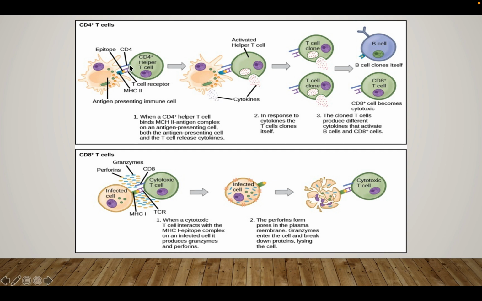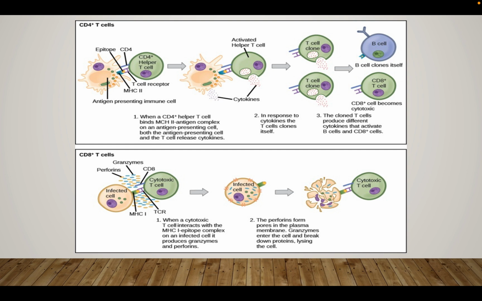You can also see the CD4 molecule interacting with the antigen-presenting cell itself. So this is what will happen to prevent the autoimmune reaction. So we make sure we have co-stimulation of both the foreign antigen and a self-antigen along the antigen-presenting cell.